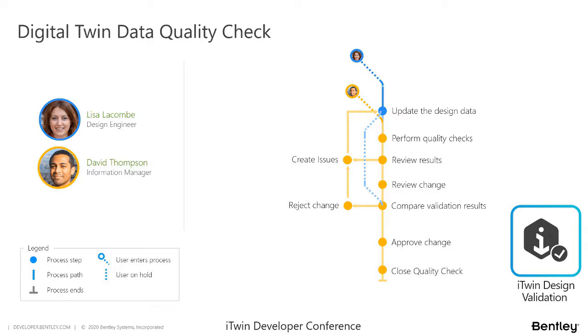Now let's look at the data quality check workflow in the industry. As you can see, design changes will come in or some other data changes will come into a digital twin, and someone is tasked to review that information to ensure it conforms to the standards specified by the owner operator or for some other government requirements or code specifications.